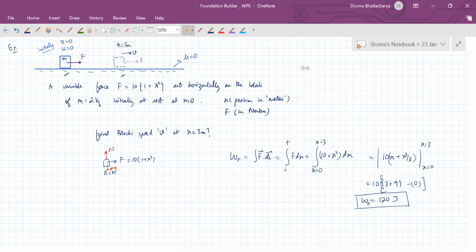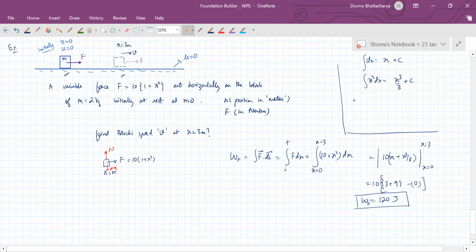The integration of x square is x cubed by 3, na beta? Integration of dx is x plus c. Integration of x square is x cubed by 3 plus c. Okay. So therefore, integration of this comes like this.